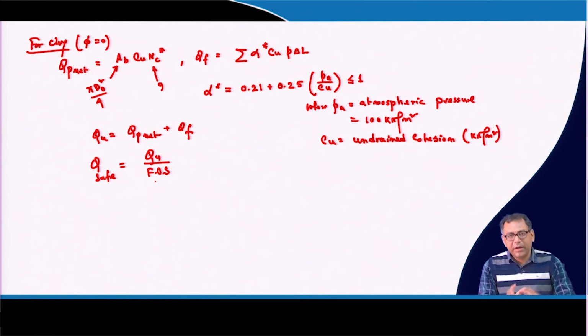So, this way we can determine the bearing capacity of the well in sand as well as in clay, and IS code also gives a direct equation based on the SPT value, by which we can determine the allowable bearing capacity of the well.